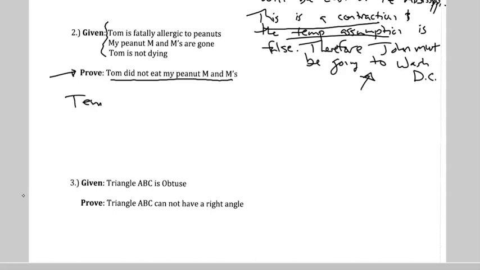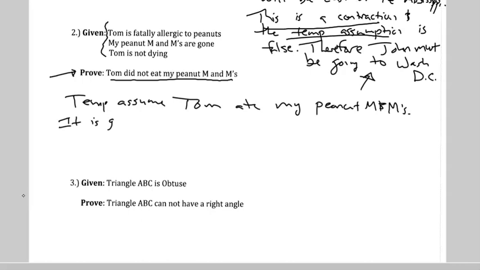So we would say temporarily assume Tom ate my peanut M&Ms. What is it? What's given?